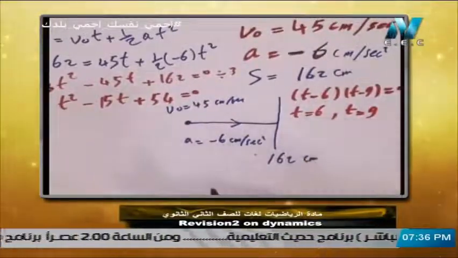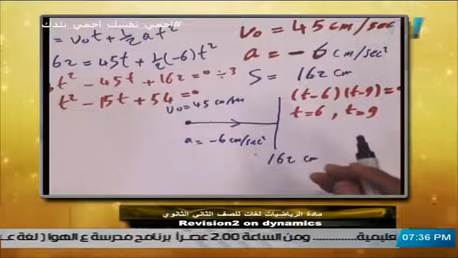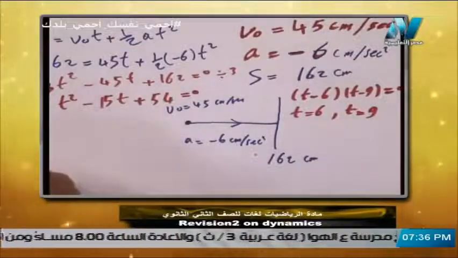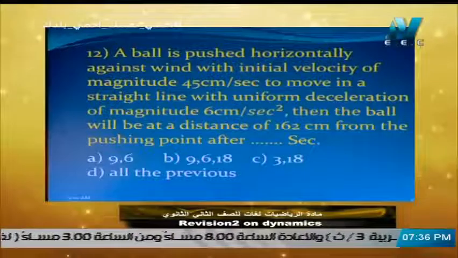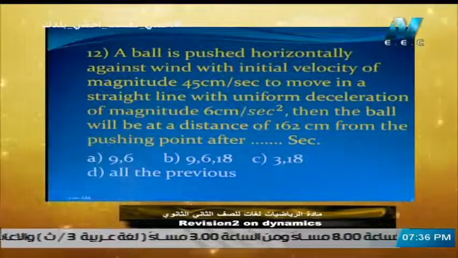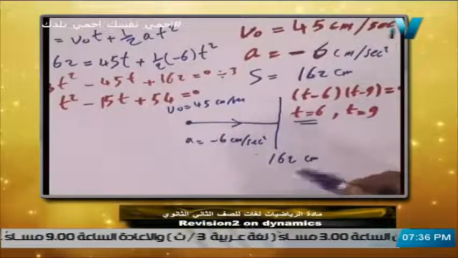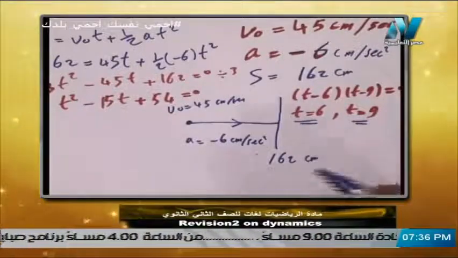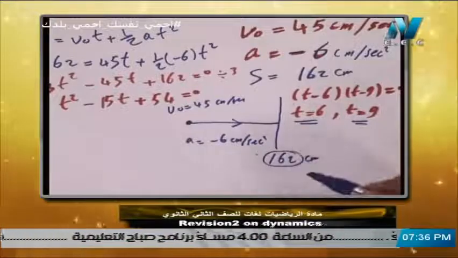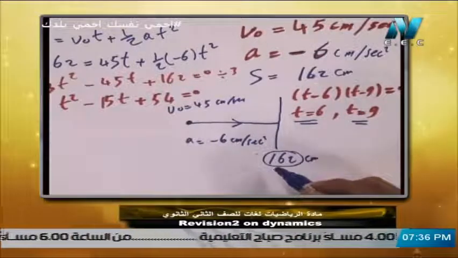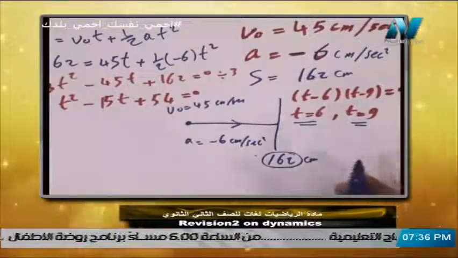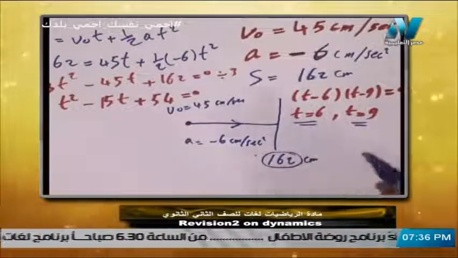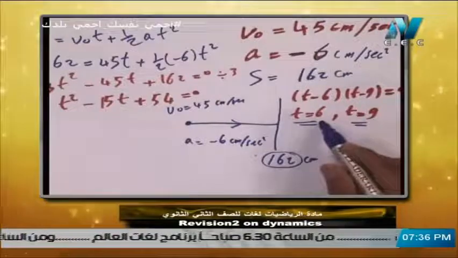So you will say the answer will be 6 and 9. In the 6th second and the 9th second, the distance equals 162. But the problem here is where it is 6 and where it is 9.